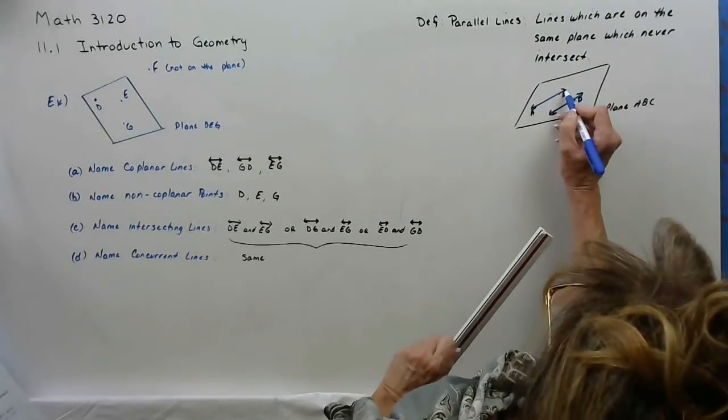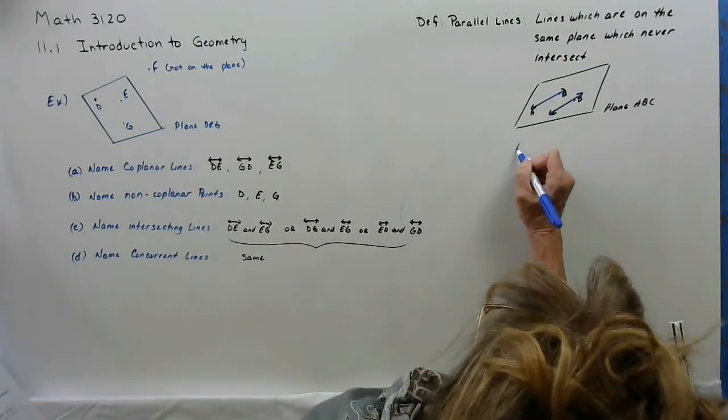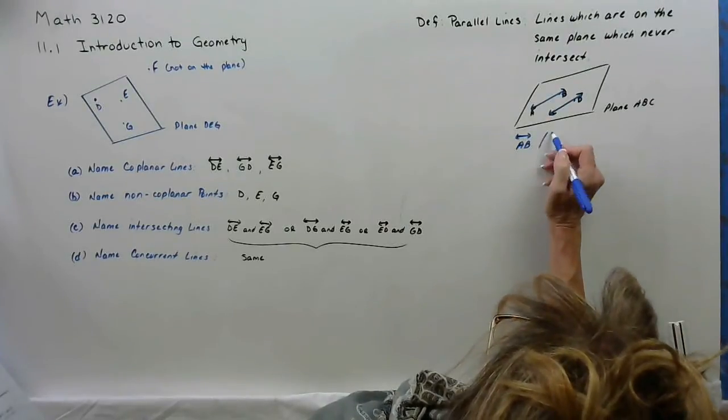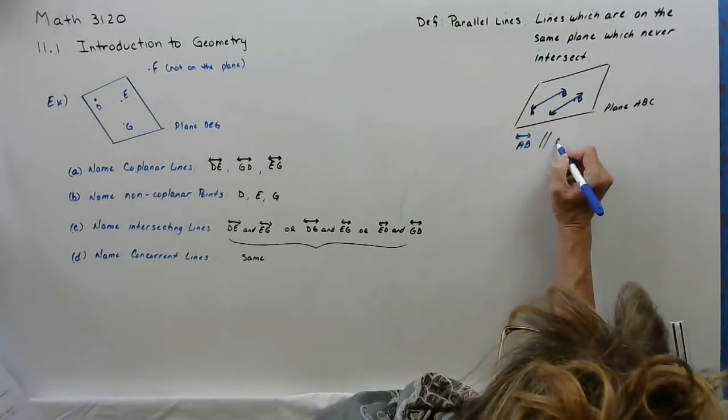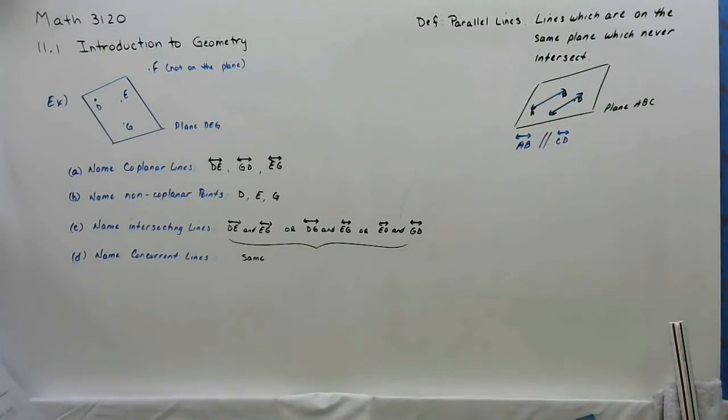So they never intersect, and I would end up saying AB is parallel to CD. So make sure your symbol for parallel lines is parallel lines, and make sure they're longer than the actual letters A and B, C, and D.